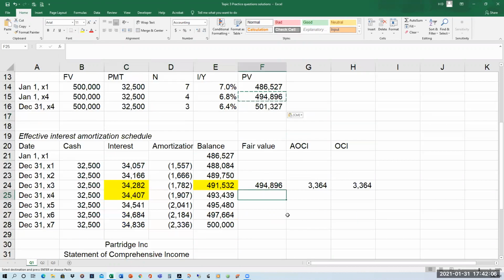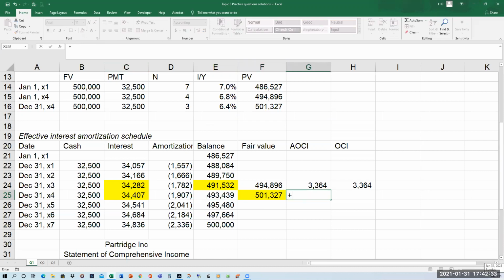So as of December 31st, year 4, the fair value is 501,327. The balance in the amortization schedule using the original effective interest rate would have been 493,439. We will this time around be reporting the investment at fair value, which is 501,327.